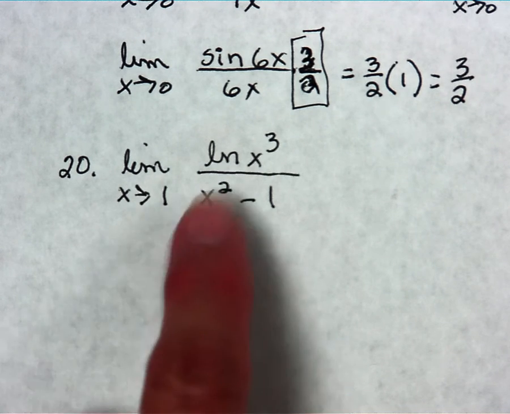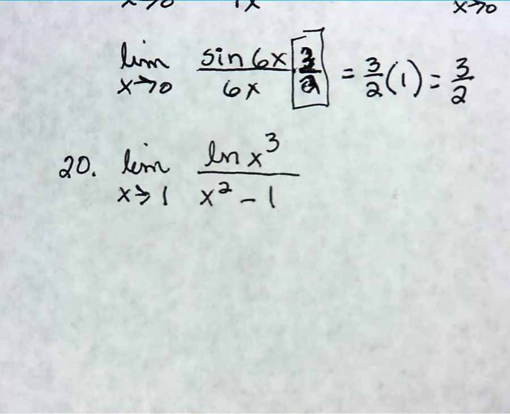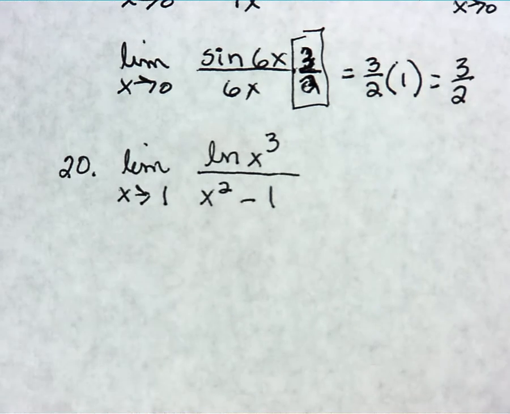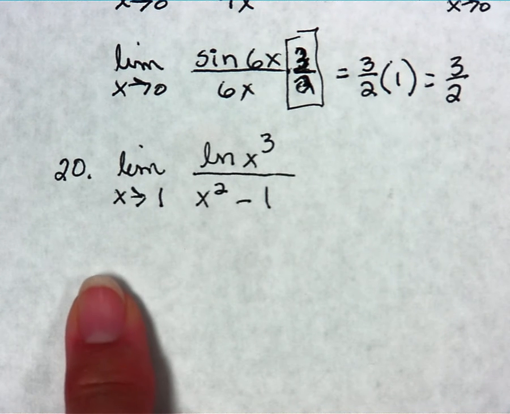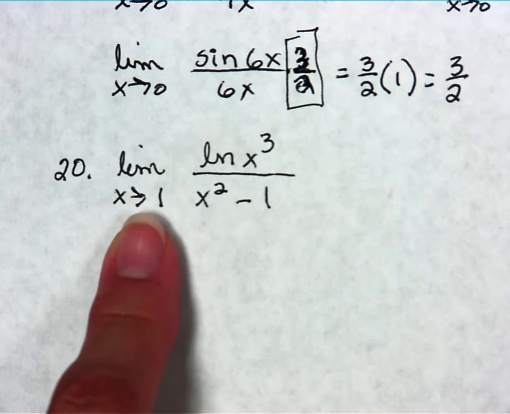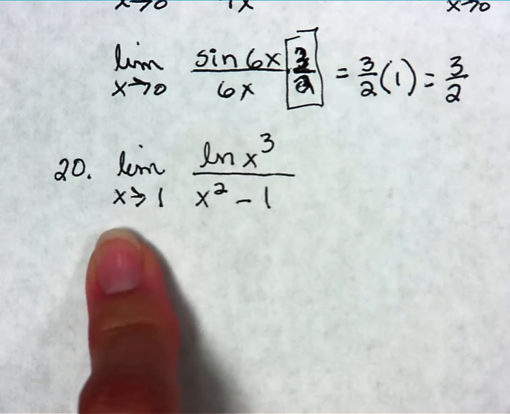That's not a polynomial, that's natural log of something. And number 2, that theorem on horizontal asymptotes only applies to x going to infinity or negative infinity. It didn't go to x goes to 1. So, can't use the theorem on horizontal asymptotes. It does not apply at all.